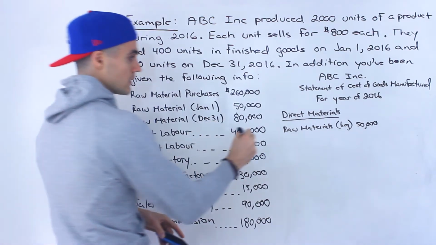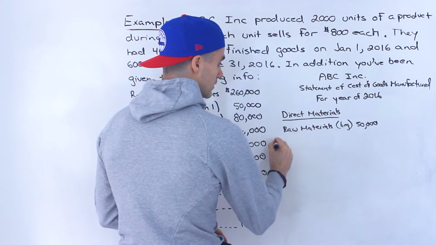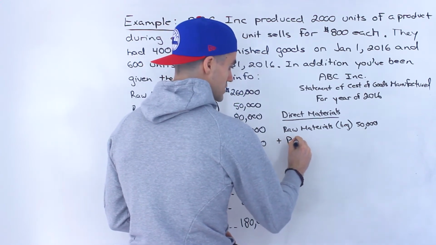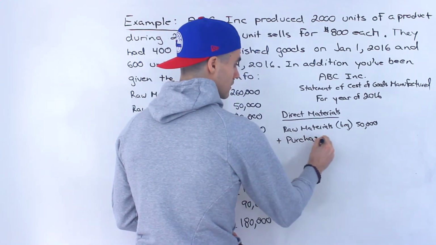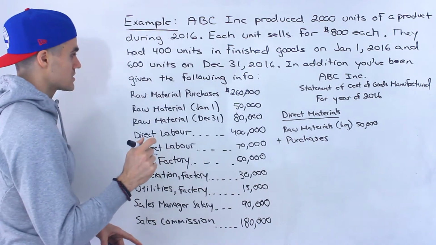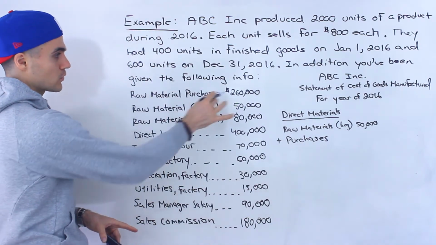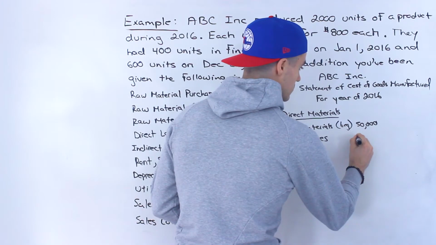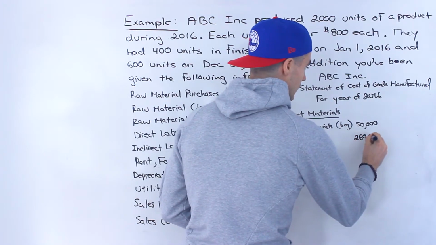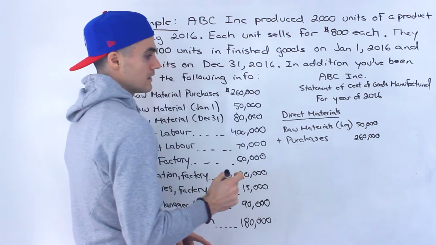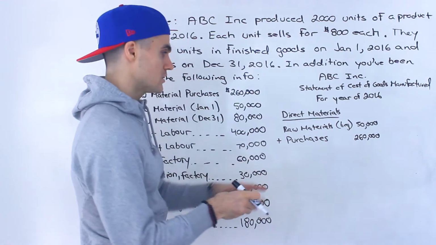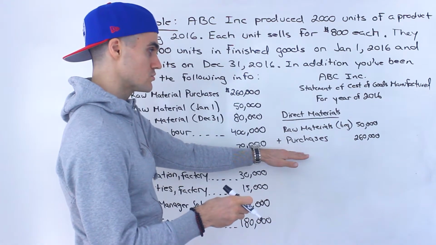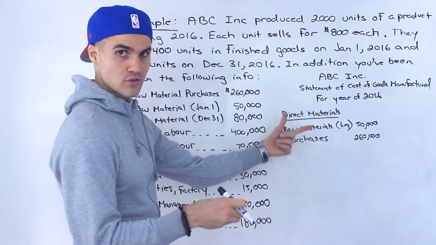Now, we have raw materials at the beginning of the period, then we're going to have some purchases, so we're going to add those. How many purchases were there of raw material? We're given 260,000. So we're going to have 260,000 over here, and we're going to be adding that. Now, in the flowchart, usually we subtract the direct materials used, but in this case, we're solving for the direct materials used.